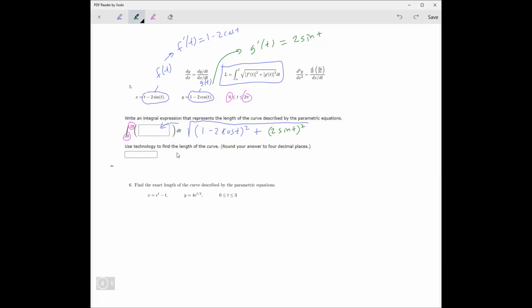And then it says use technology to find the length of the curve. Again, when you're doing arc lengths and lengths of curves, unless it's really well thought out, they're typically really hard to integrate. So what we're going to do is use our good friend GeoGebra.